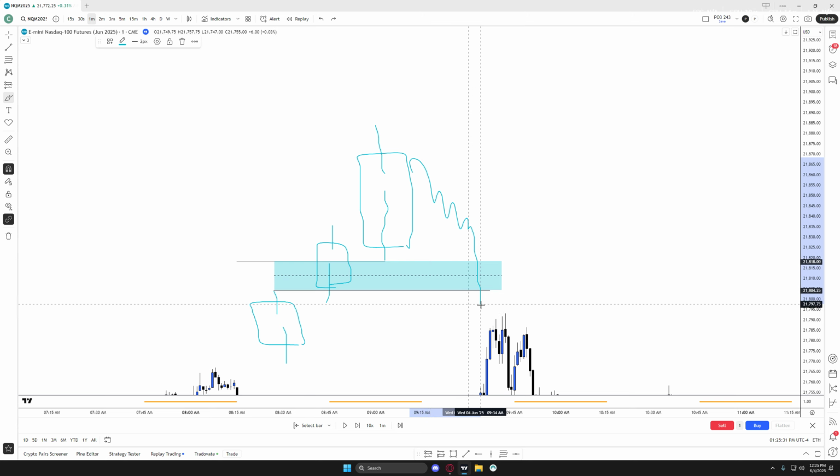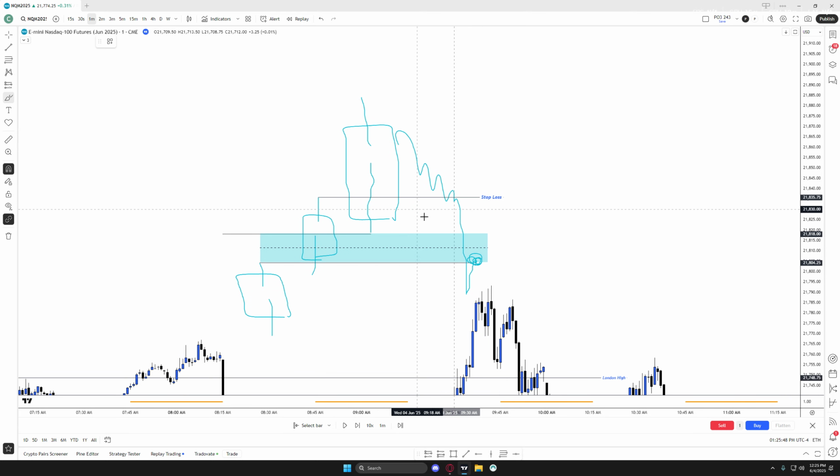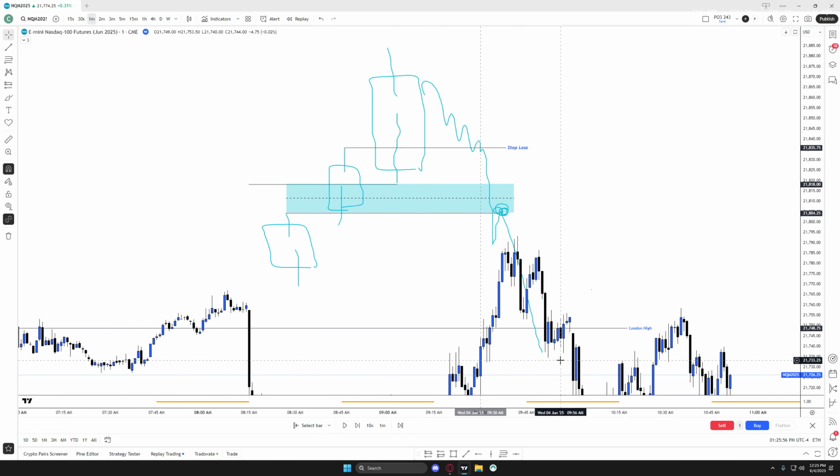Okay, we close below it, and then we want to come back into it, and this will be our entry, and then our stop loss will be above the high of candle number 2. So our stop loss would be right here. Okay, and then we just want price, now that we're entered, to run away to the next key level. Okay, that's simple. Simple, simple, simple.